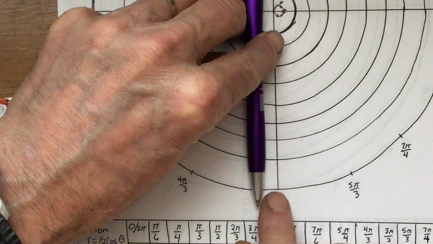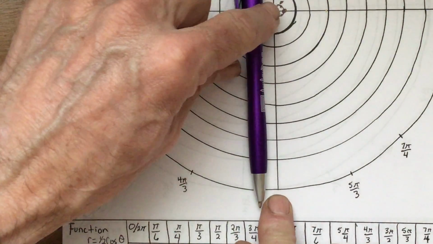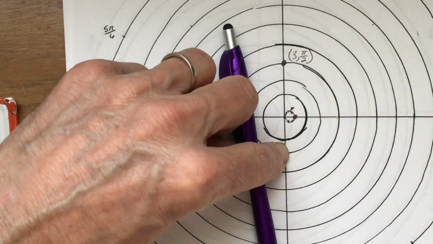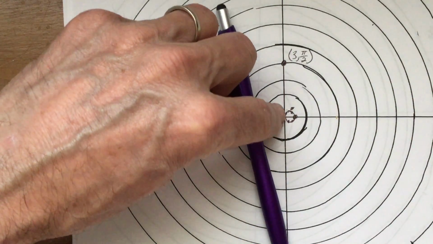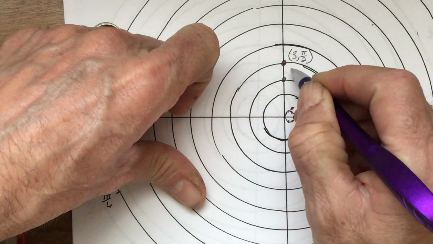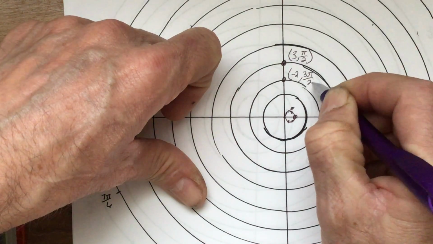If it were positive 2, you would head in the direction that my finger is tapping at right here. From the origin, you would go this way 2. But it's negative 2. That means start at the origin and go the opposite direction 2. There it is. That's the point negative 2, 3 pi over 2.